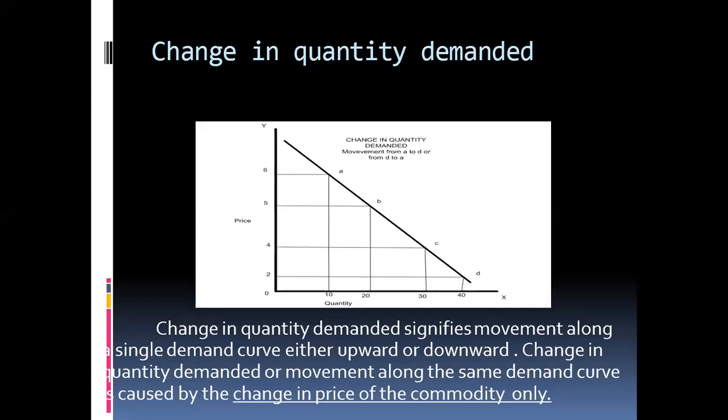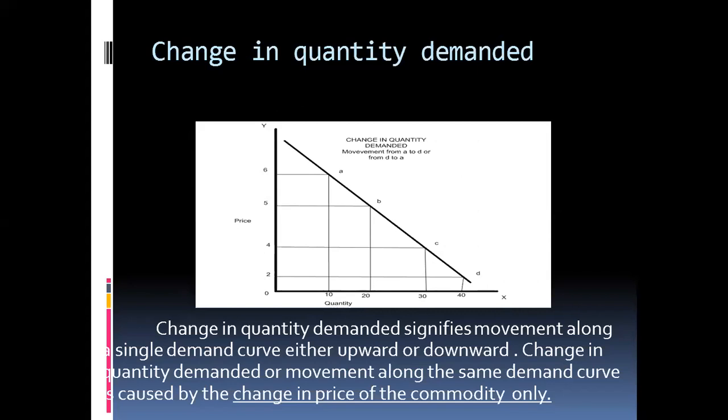So what we are saying here is that the movement along the same, please note that word, the movement along the same, just one demand curve is referred to as change in quantity demanded. It's referred to as change in quantity demanded.